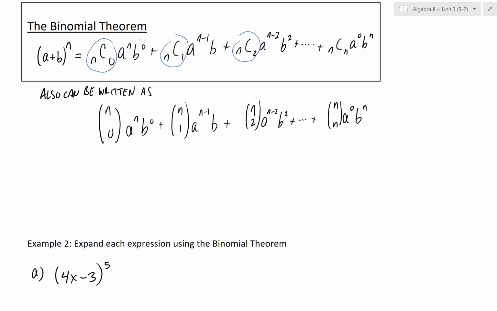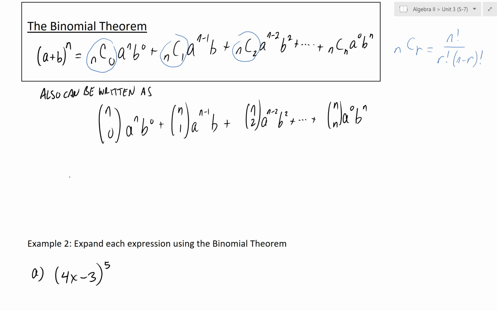So you remember when we were in the probability unit, this was how we calculated the number of combinations. nCr is defined as n factorial over r factorial times n minus r factorial. And so we will need your graphing calculator today and access to the probability menu so we can do nCr.